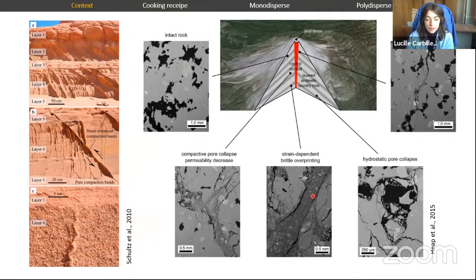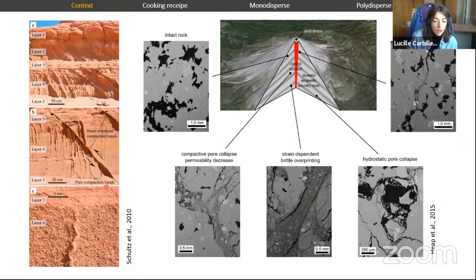So then the question you might be asking yourself is, why do we care? I've chosen to show you two geological examples to illustrate why we need to know how the microstructural attributes of a rock influence their bulk behavior. On the left, you can see a geological formation, a sandstone, within which we see various bands that cross the formation.